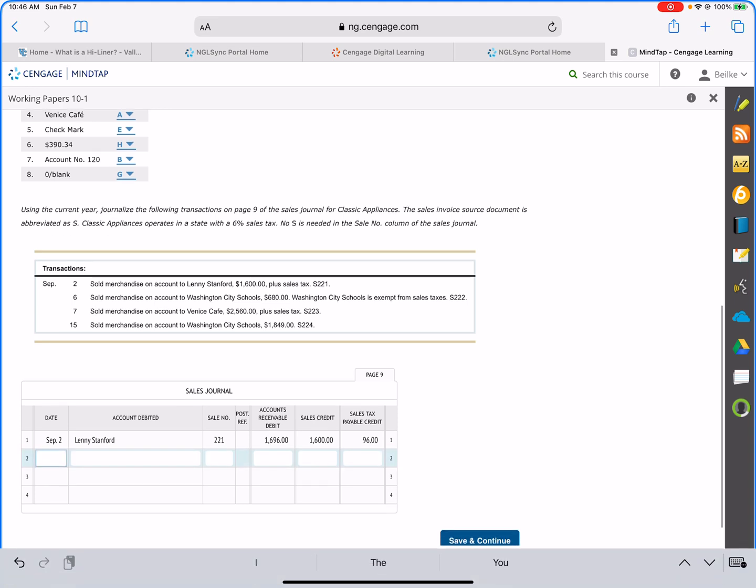The second one, we sold merchandise on account to Washington City Schools, $680. Washington City School is exempt from sales tax. Sales invoice 222. So the date is the 6th. The account debited is Washington City Schools.